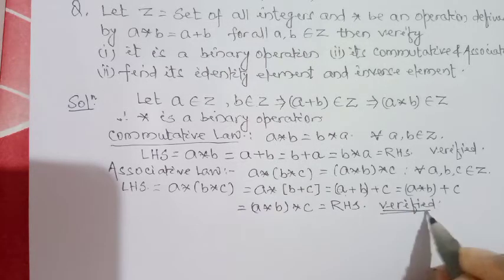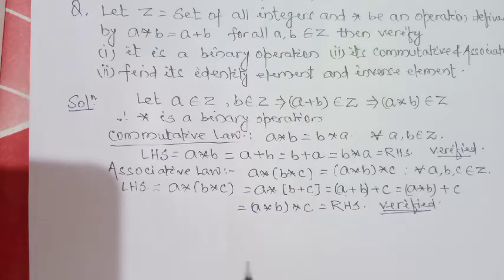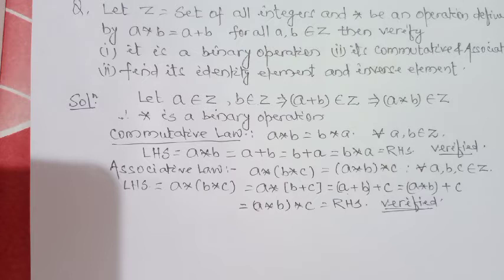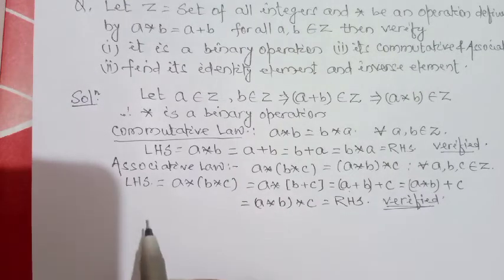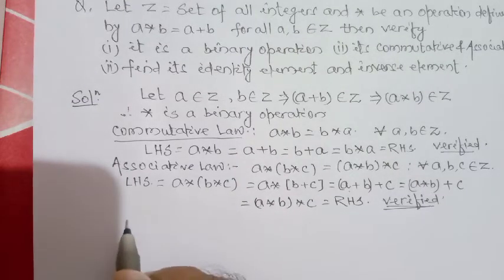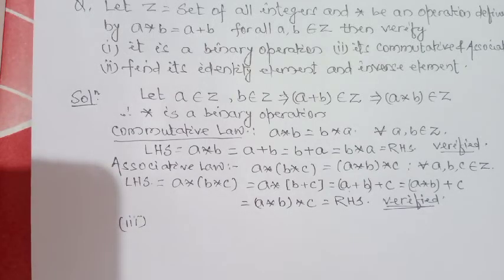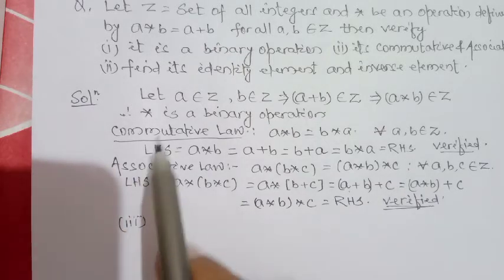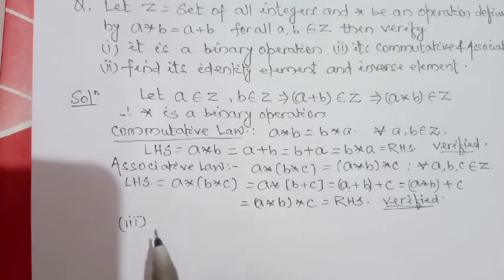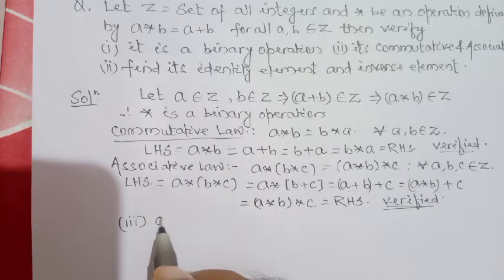Verified means it follows commutative law as well as associative law. Now see identity element. What is identity element? See here, first consider one or two examples before coming to the question. Like a plus 0 is equal to a.